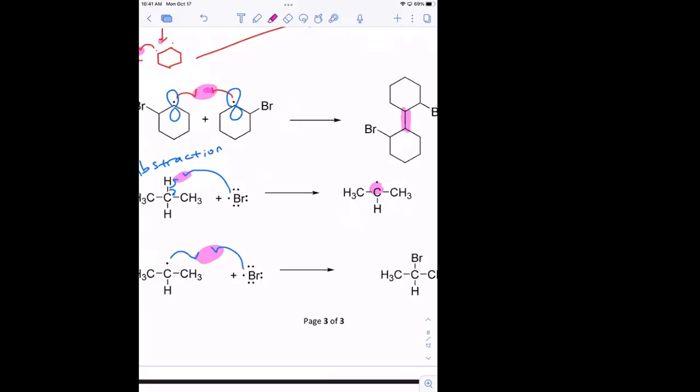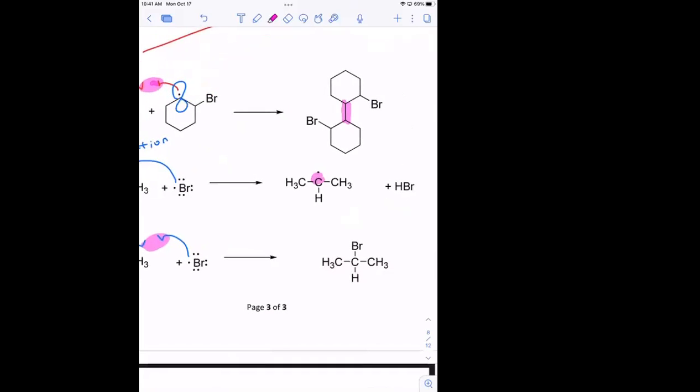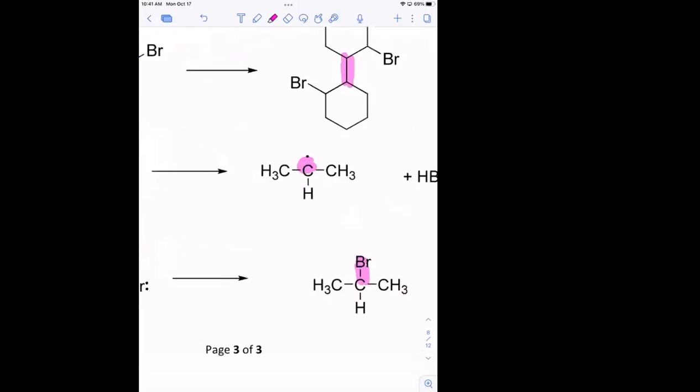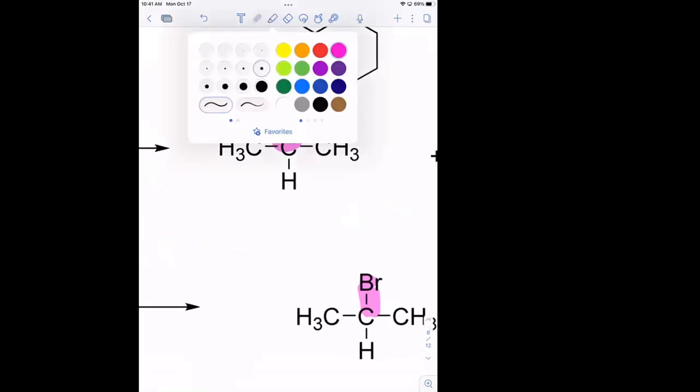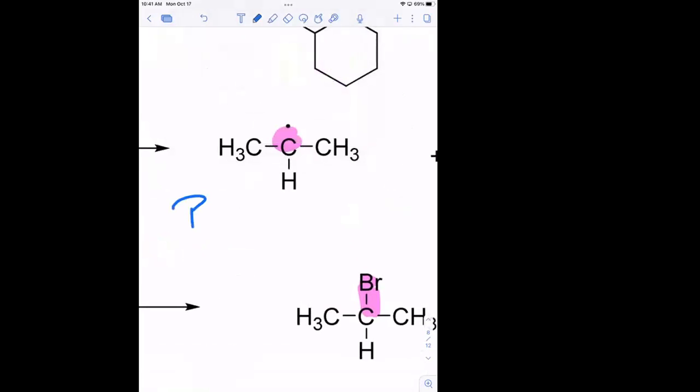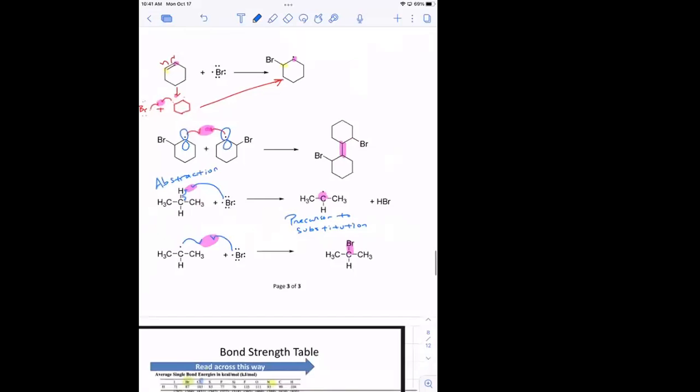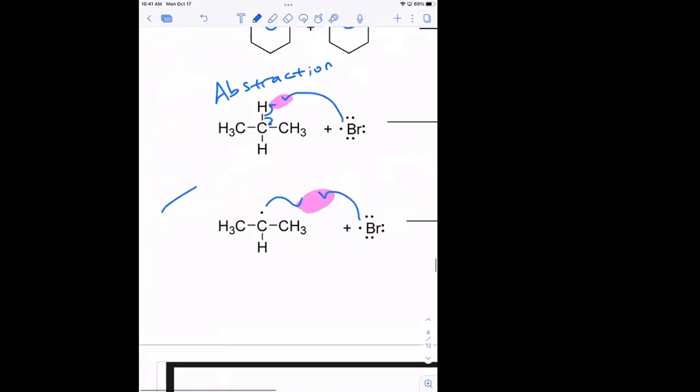But you can see over here, I have a carbon bromine bond. So up here for the abstraction step, I want you to write that this is a precursor to substitution. All radical substitutions happen through initiation, propagation, and then termination. So this will be an example right here at the bottom, a termination step.